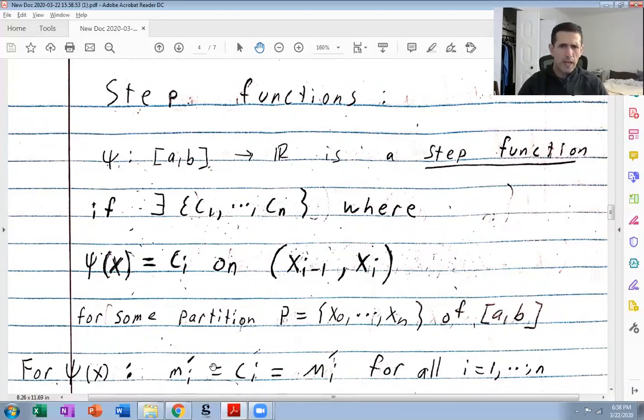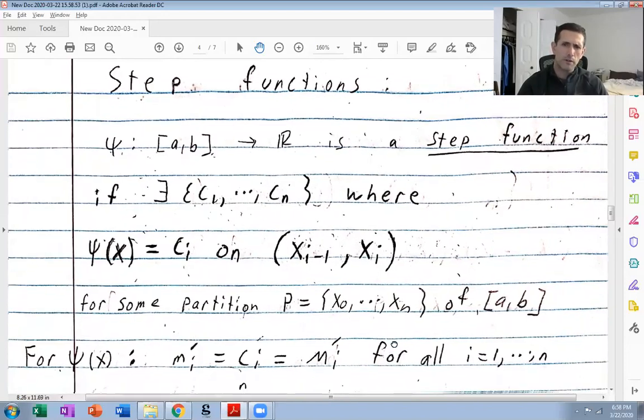Then trivially we have this equality here because, well, this function psi is ci on this interval. So clearly the infimum of this function is ci on this interval. Same thing, the supremum is clearly ci on this interval because the function is constant. It's ci on this open interval.